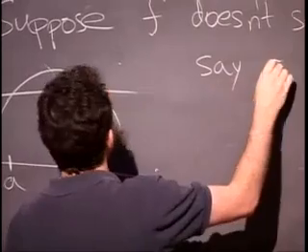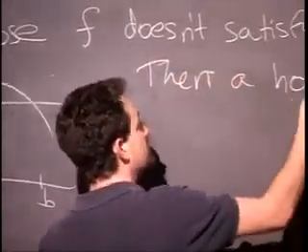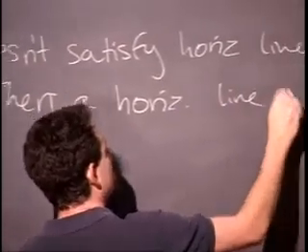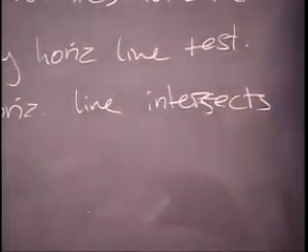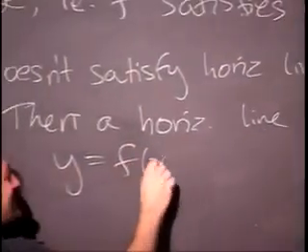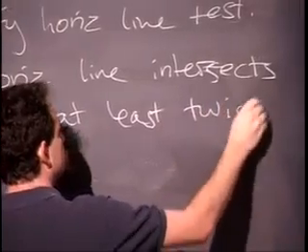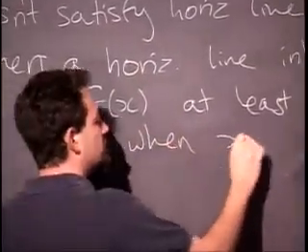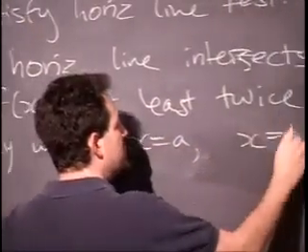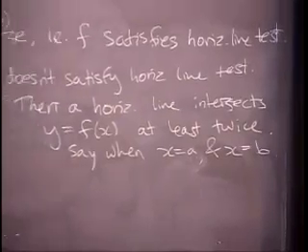And I'm going to pick two of these intersection points. So let's say a horizontal line intersects the curve y equals f of x at least twice, say when x equals a and x equals b. So on this picture, I have shown a horizontal line.